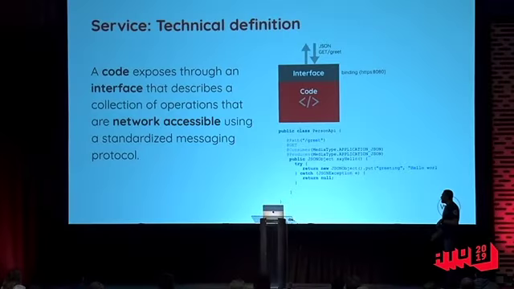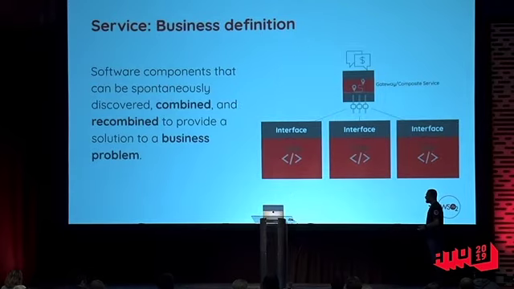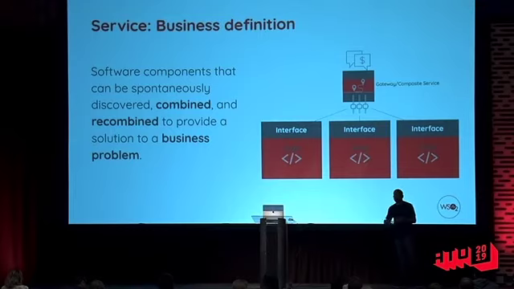If you look at a service from the technical definition, it's just a set of code that you annotate or use language capabilities on and make network accessible by using a specific protocol, a transport, and a message type. So if you look at the business logic, it's not a big difference, you just annotate it and make a service. But if you look at the business expectation from a service, it has to provide a solution for a business problem.